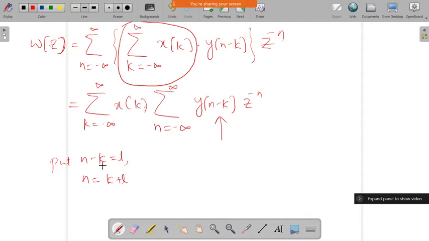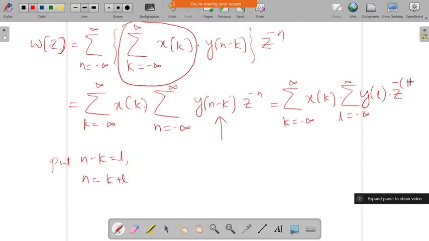Now if I put n minus k equal to L, L also varies between minus infinity to plus infinity. So we can write this as summation k equal to minus infinity to plus infinity of x of k into summation L equal to minus infinity to plus infinity, replacing n minus k with L, of y of L into z power minus of k plus L, since n is now k plus L. Now I will rearrange the terms, the summation k equal to minus infinity to plus infinity of x of k.